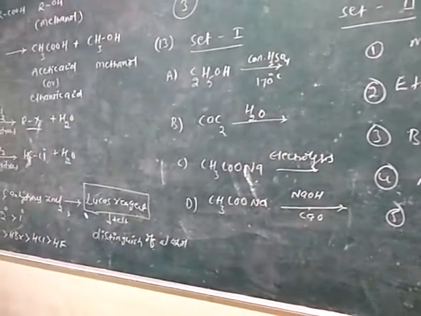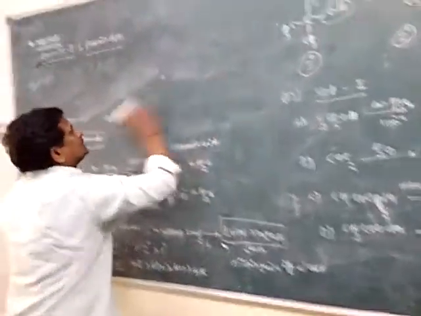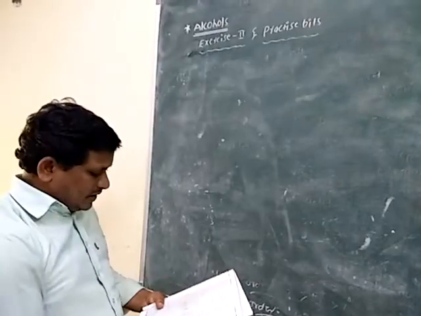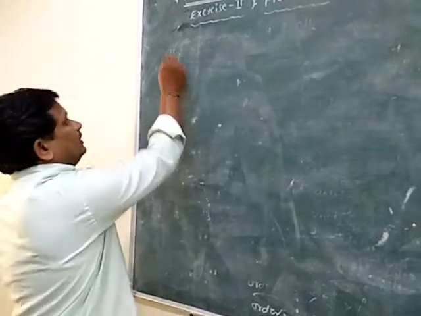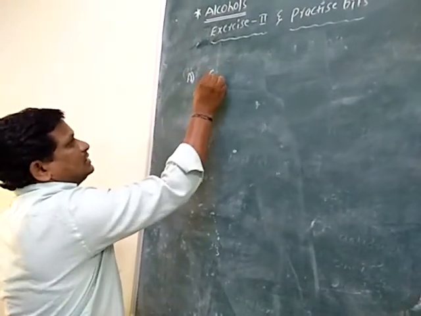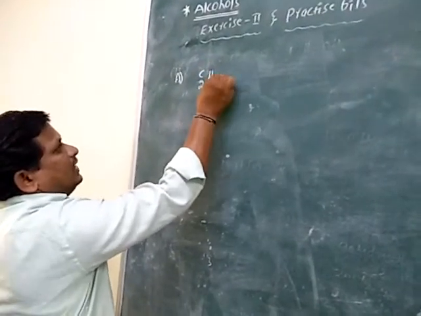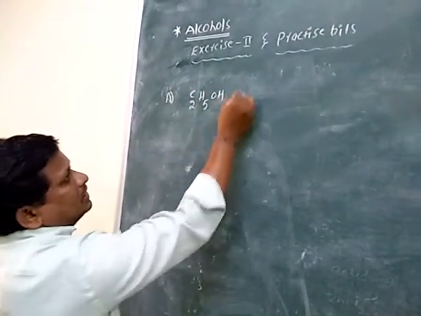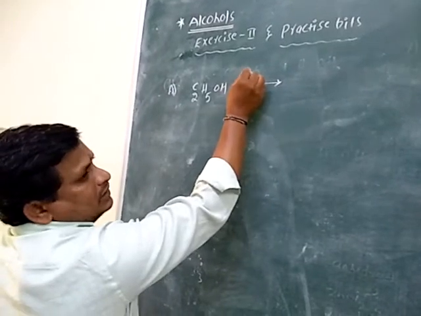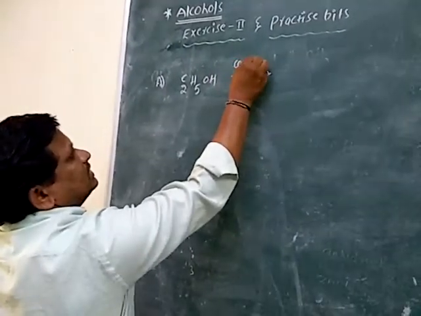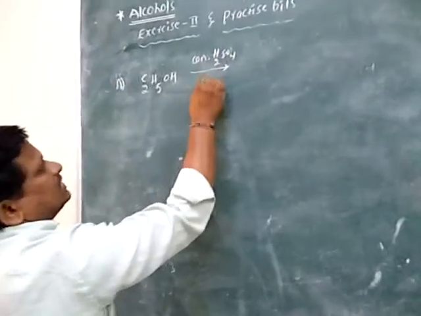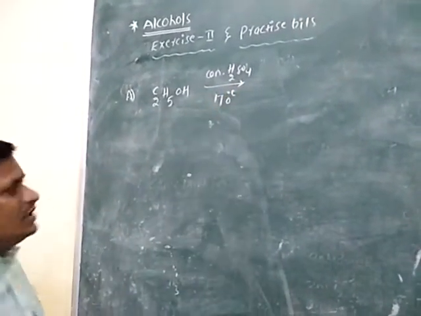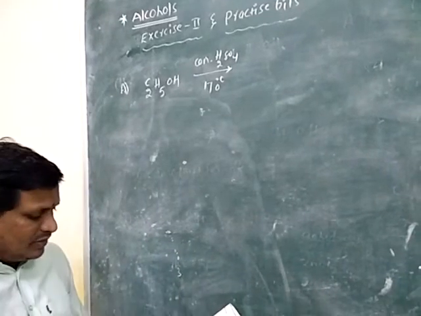Now match the following compounds. Ethyl alcohol, C2H5OH, in the presence of concentrated sulfuric acid at 170 degree centigrade temperature.